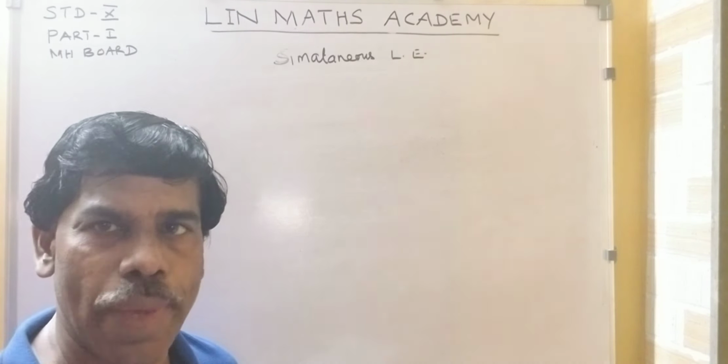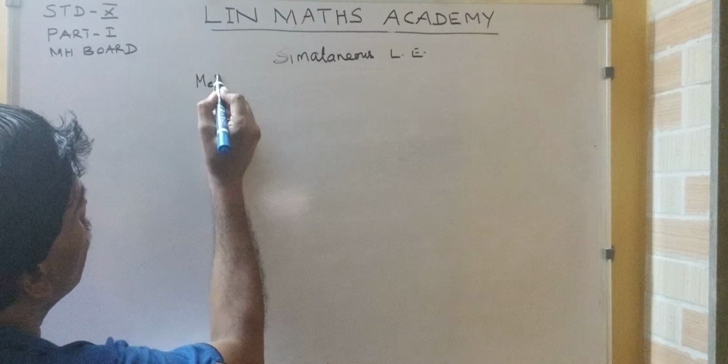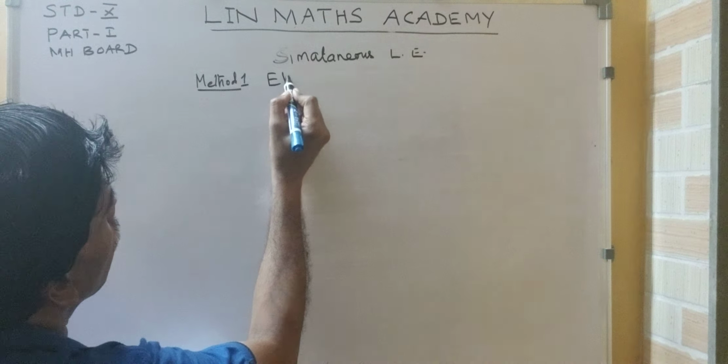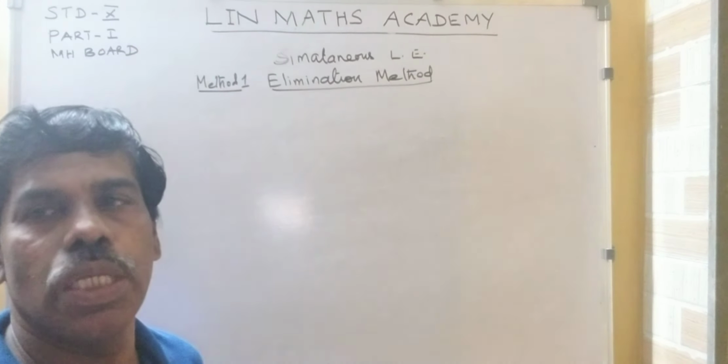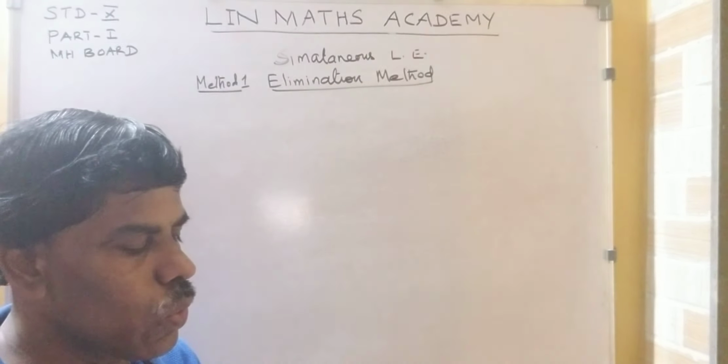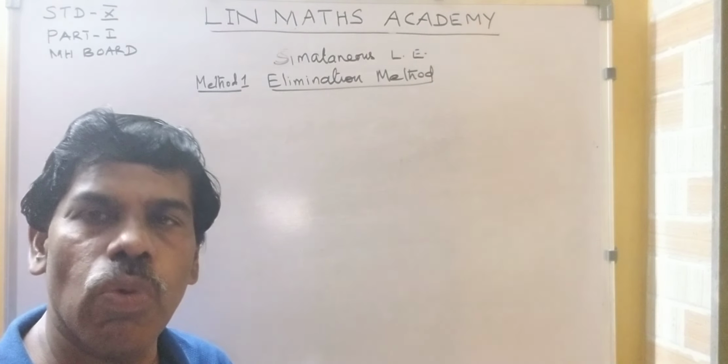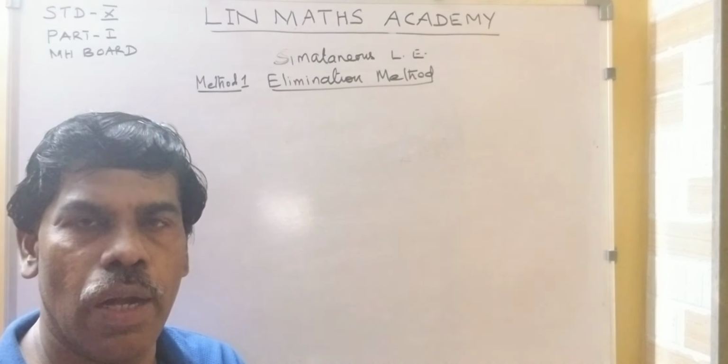The method one is elimination by equating the coefficients. Method 1, elimination method. Elimination method means, out of the two given equations, we are going to eliminate or remove one variable.